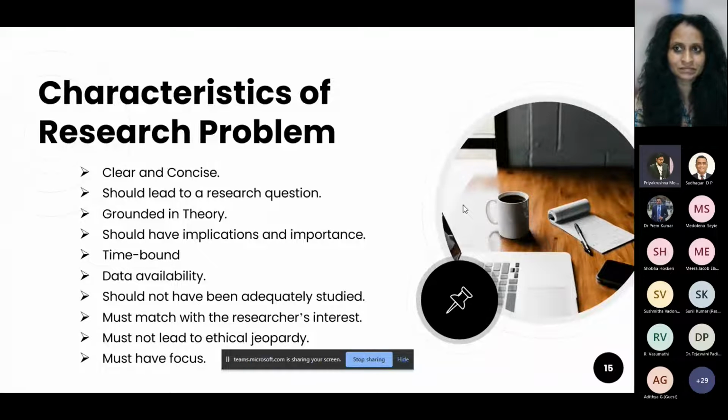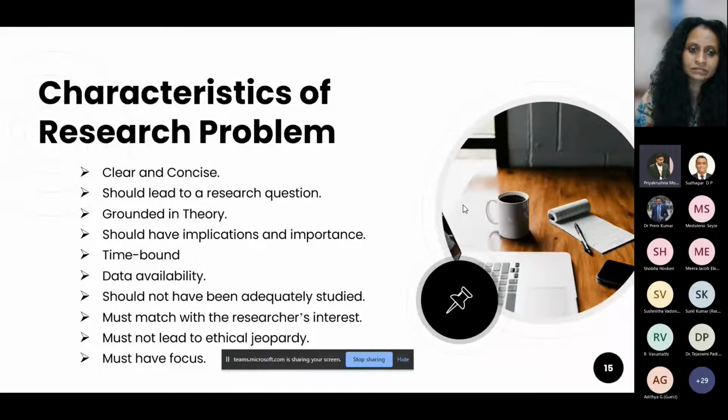So it has to be a very time bound process. You cannot study the whole of augmented reality and how it has helped tourism, because when you are doing that, you have to base some aspects on theory. You cannot work on augmented reality like that, because it is a very huge theory.